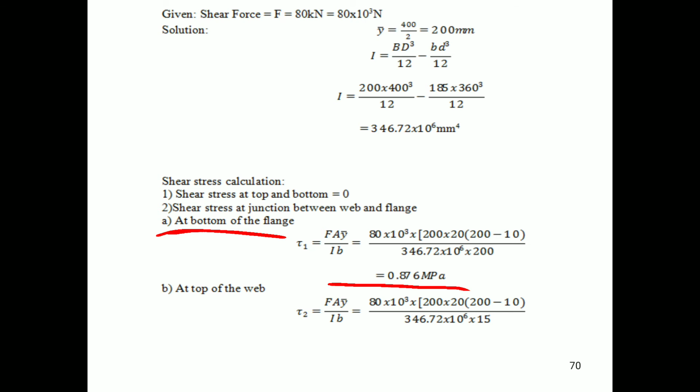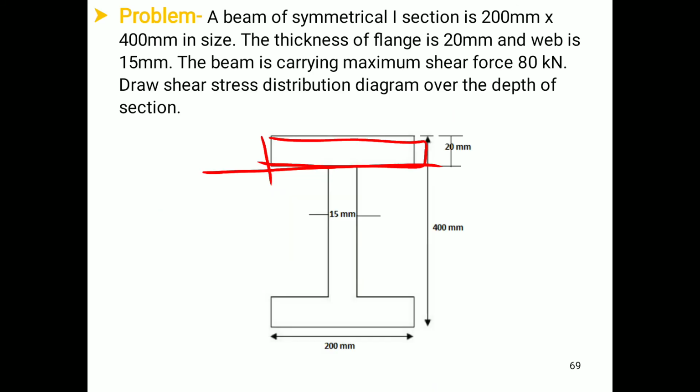Now, what you have observed from this equation is that the value of B is 200 mm because we have concentrated on this junction, where two members are connected to each other. The first one is the flange and the other one is the web. This particular part is the bottom of the flange, and this small part is the top of the web.